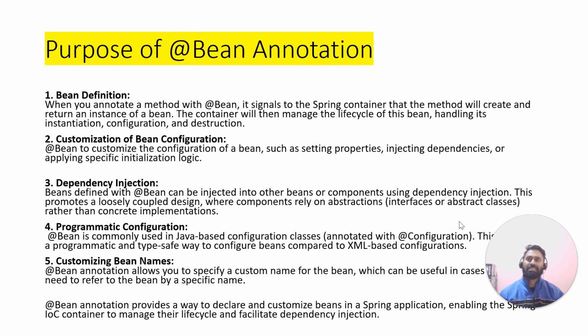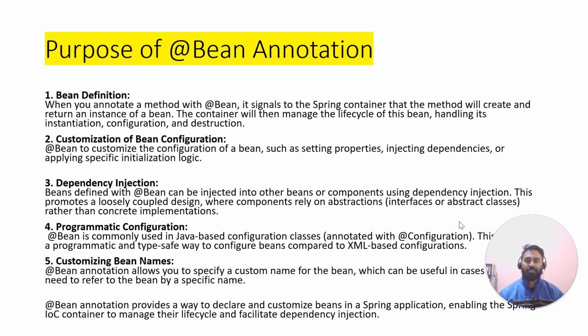If you want to change the name of a bean, you can pass the particular name in the parameter of @Bean, and then use that name to get the object of that bean. This can be useful in case you need to refer to a bean by a specific name.